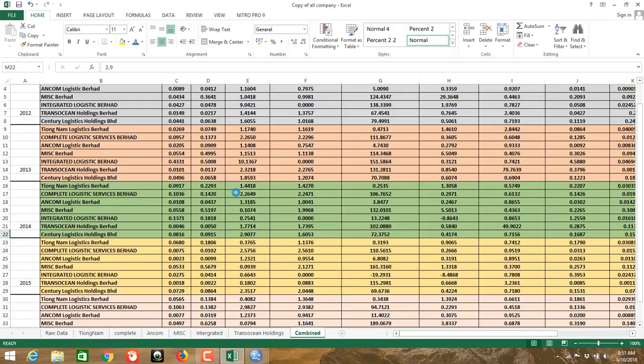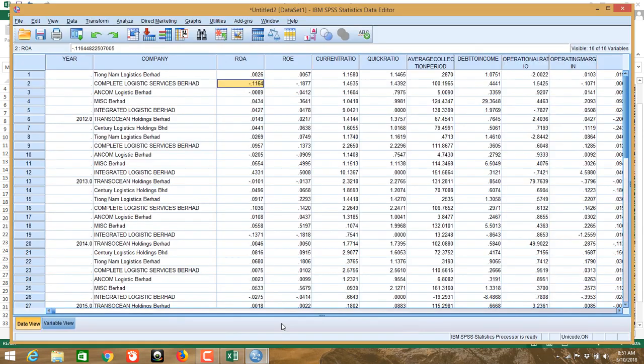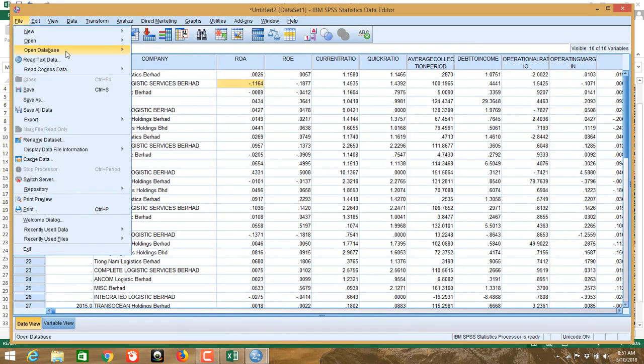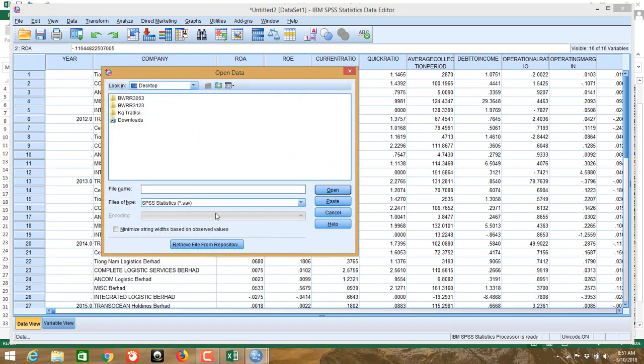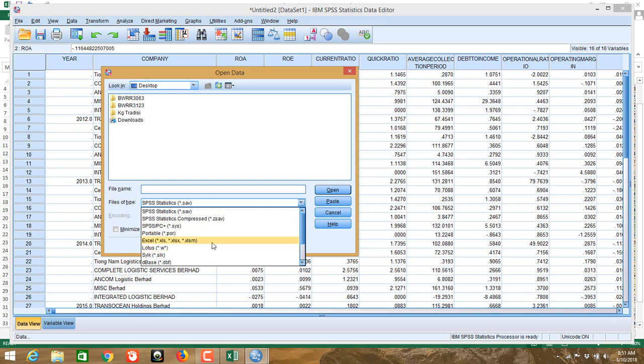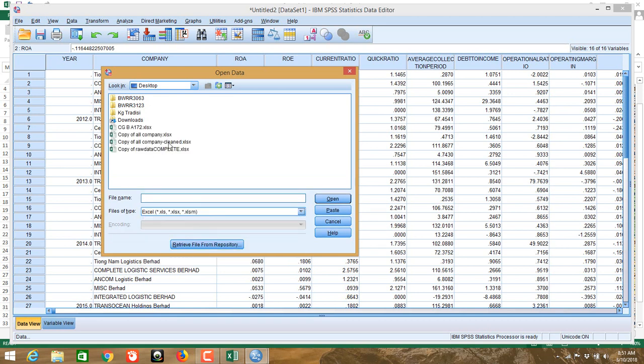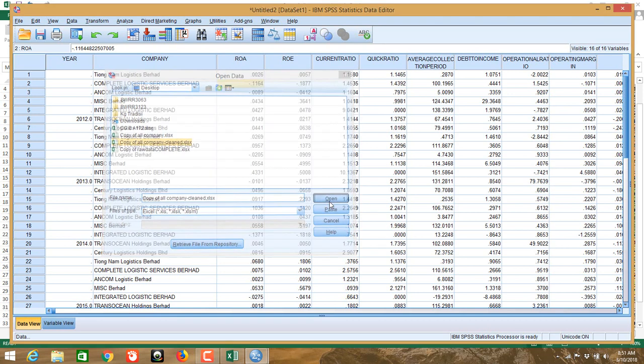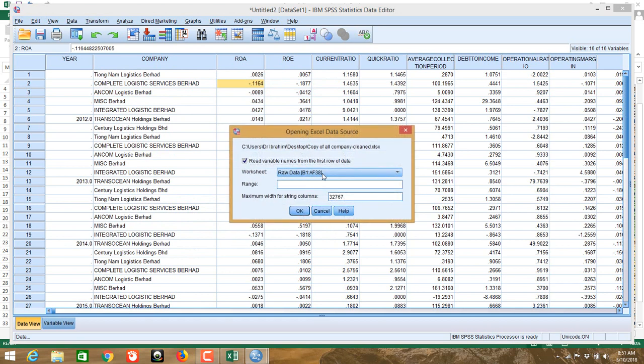So what you need to do now, you need to go back to your Excel, go to File again, Open, Data, then you locate your file once again. Now I go for Clean, open, then I locate my sheet, Combine.